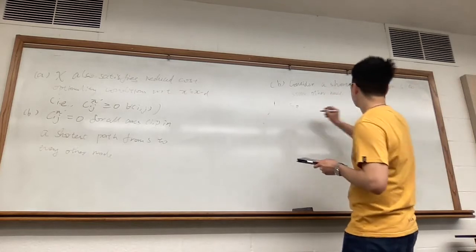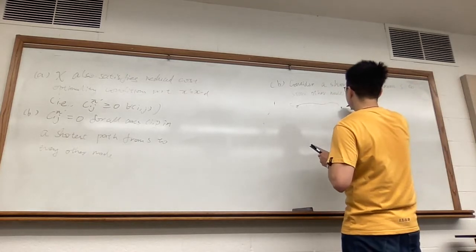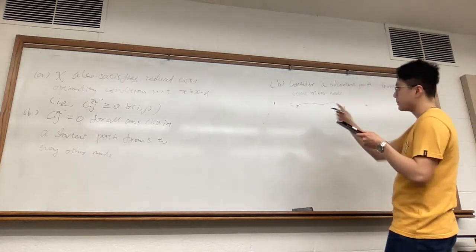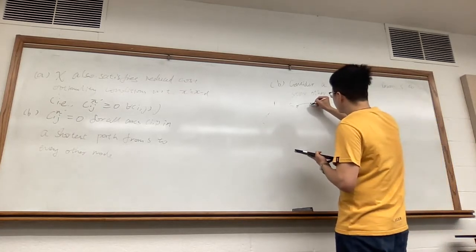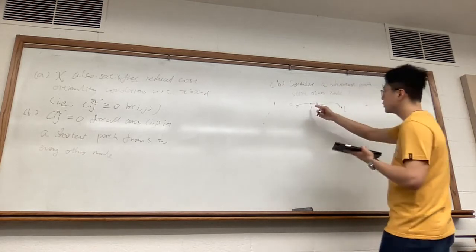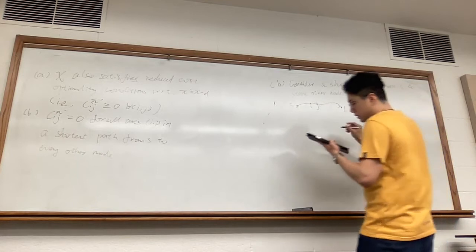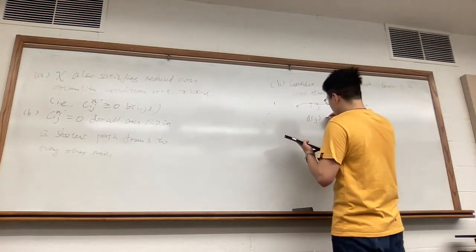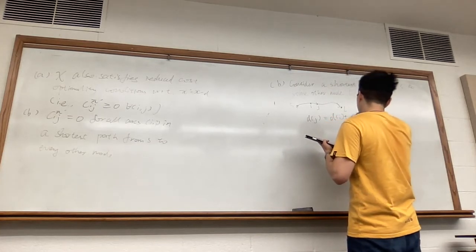So let's consider a shortest path from some node S to some other node, let's say L. This is the shortest path. Then let's say we have I and J, adjacent to each other on this path from S to L. Then we must have dj equals di plus Cij pi.